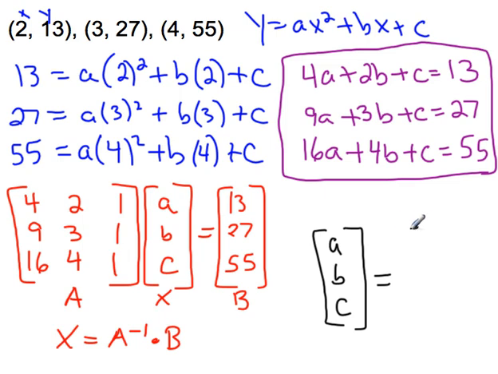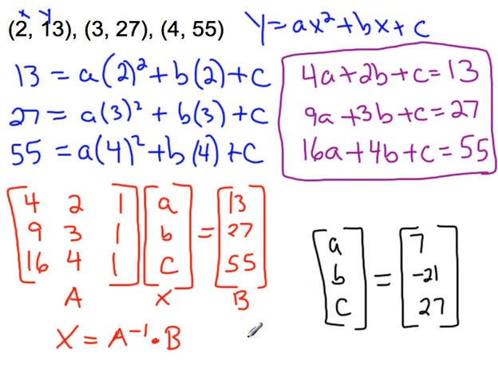Once you get all those typed into your calculator, and you take the inverse of A times B, if you do that on your own, you would find out that A, B, and C are 7, negative 21, and 27. So those are A, B, and C. Now if I want to finish this problem, I'm going to go back and plug into the standard form equation up at the very top in blue.